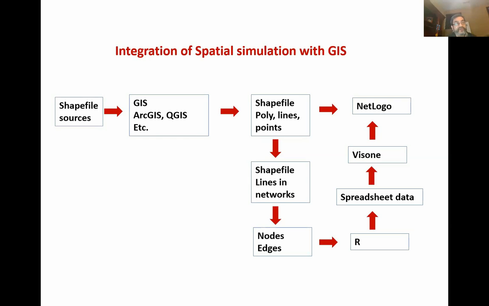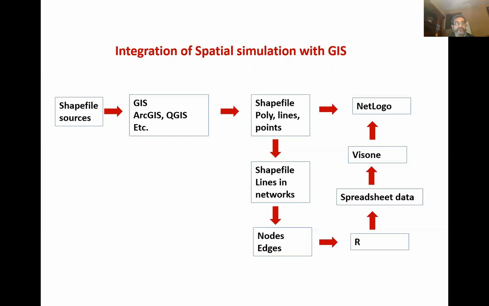But if you have line files, especially line files in the form of a network, such as pipelines or road files, the best way to bring them into NetLogo for the purpose of simulation is to separate lines from points to generate the nodes and edges.